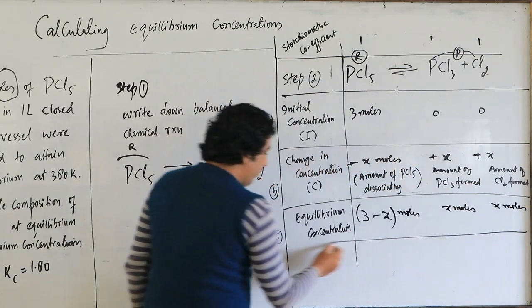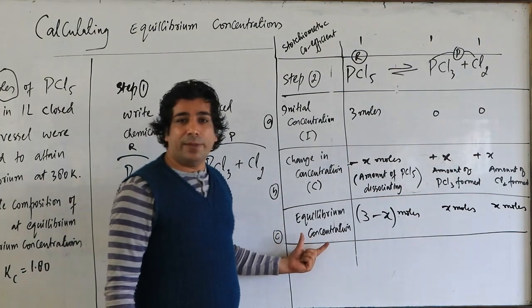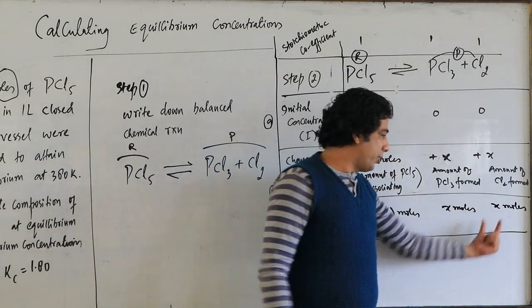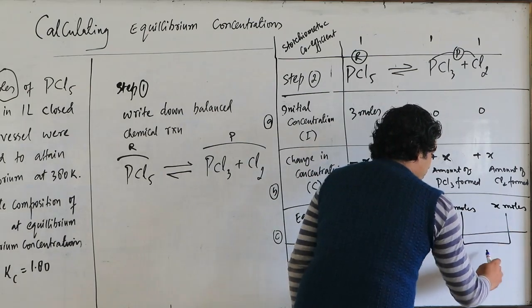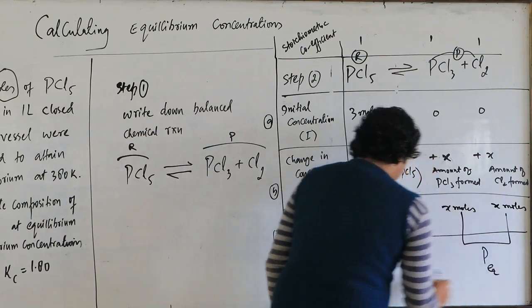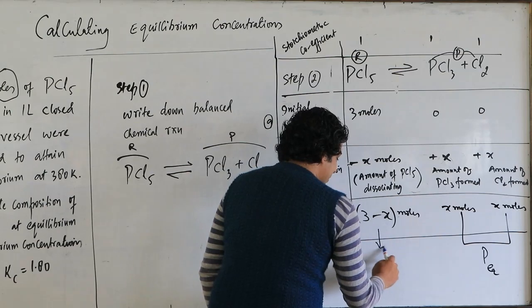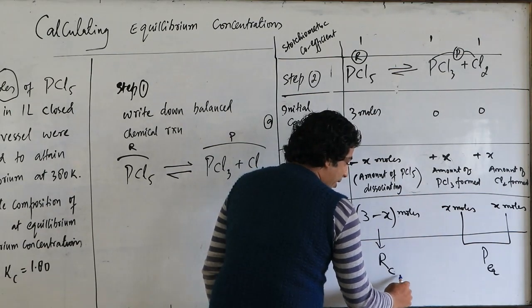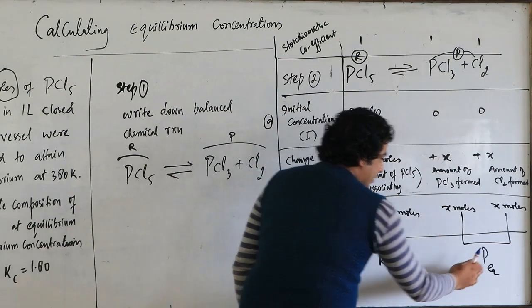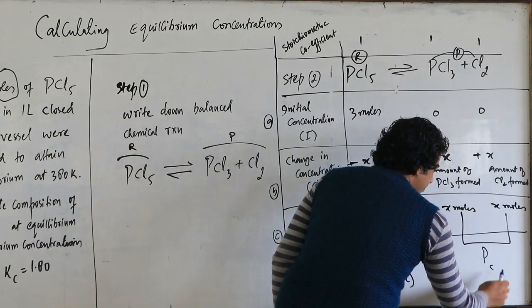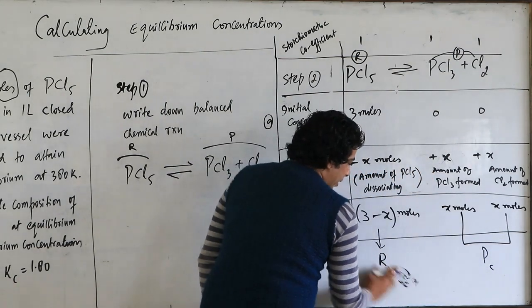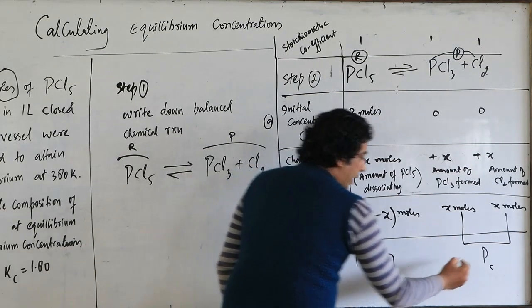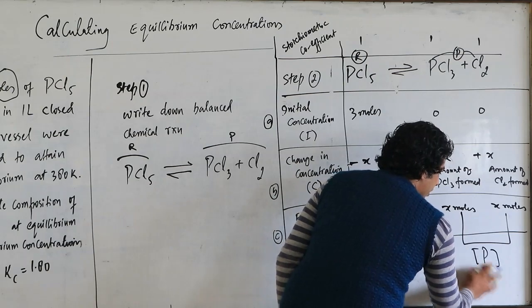So remember, this is the equilibrium concentration of reactant and these are the equilibrium concentration of the product. This is the reactant concentration at equilibrium, and this is the product concentration at equilibrium.